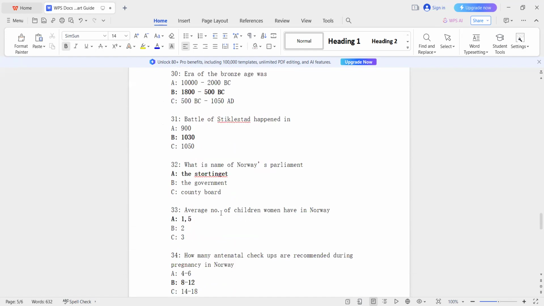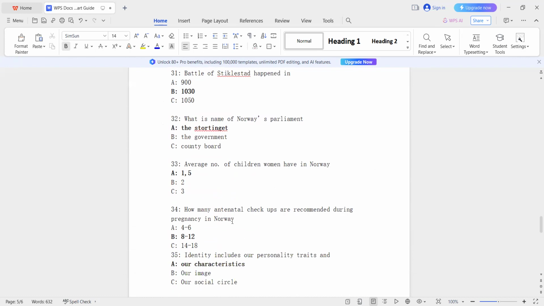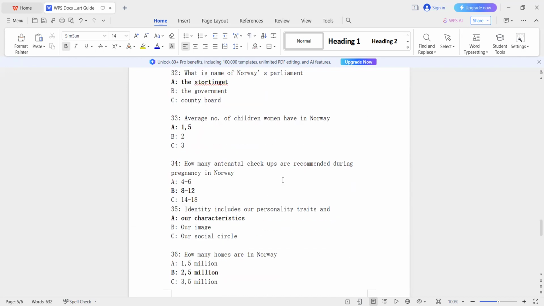Two things. Average number of children women have in Norway: on average women have one to two children, 1.5. How many antenatal checkups are recommended during pregnancy in Norway? 8 to 12 checkups are recommended, but it is not compulsory.